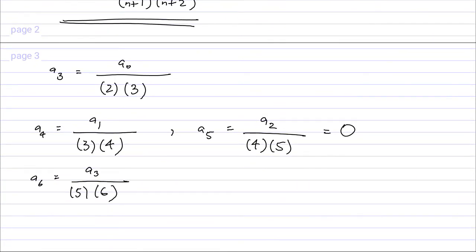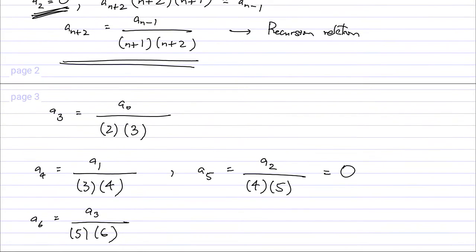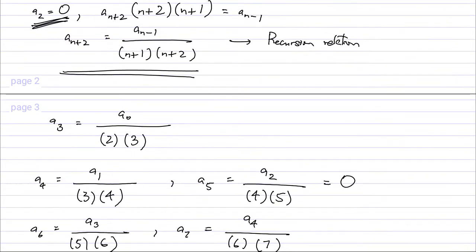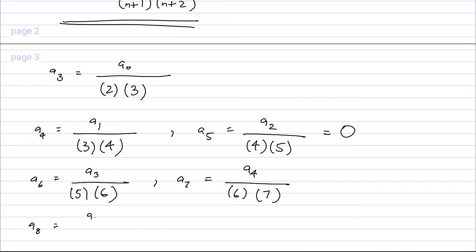Okay, so let's just find everything in terms of, let me do a few more. a7 will be equal to, n is equal to 5 over here, so this is a4, and then you have 6 and 7. Okay, so the pattern is pretty clear. And then a8 is equal to, n is equal to 6, so you have a5 over here, and then you have 7, and then you have 8, but this is equal to 0. Okay, right?